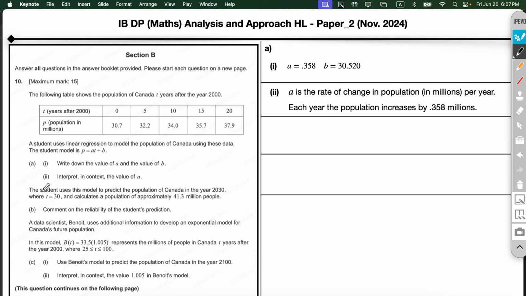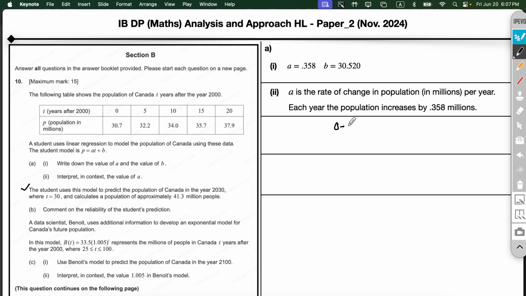So the student uses this model to predict the population of Canada in the year 2030, where t equals 30, and calculates a population of approximately 41.3 million people. Comment on the reliability of the student's prediction. So t equals 30 is out of the range of 0 to 20.